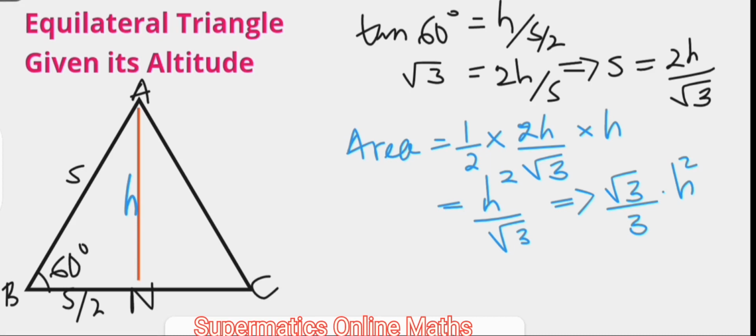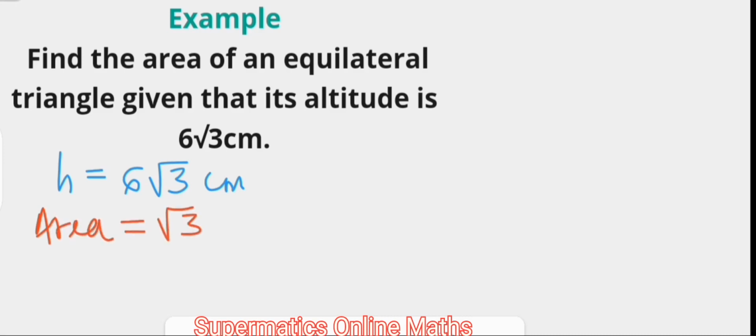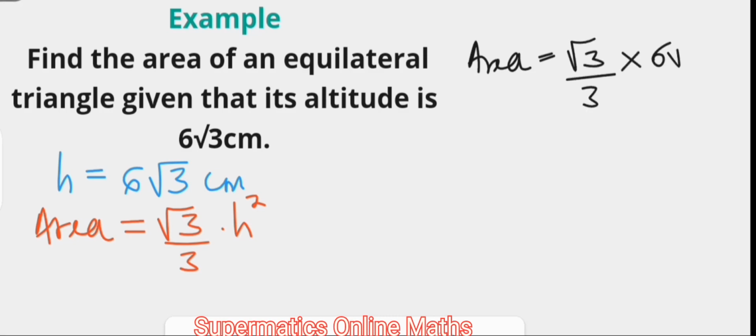Now let us put this to practice. We want to find the area of an equilateral triangle given an altitude H of 6 root 3 centimeters. The area in this case as derived is root 3 over 3 times H squared. So in this case, the area is root 3 over 3 times 6 root 3 centimeters all squared.